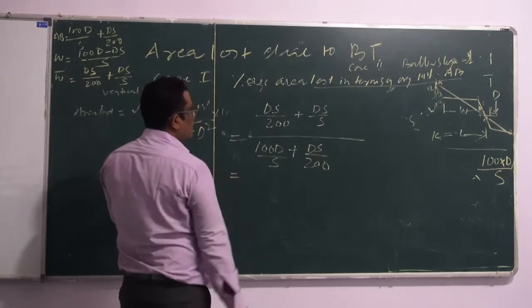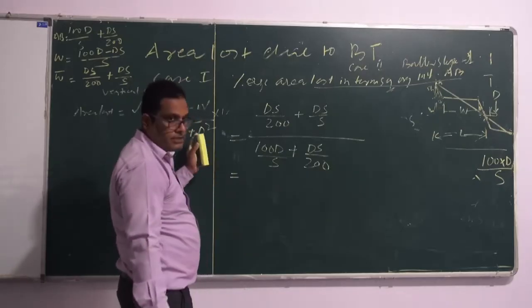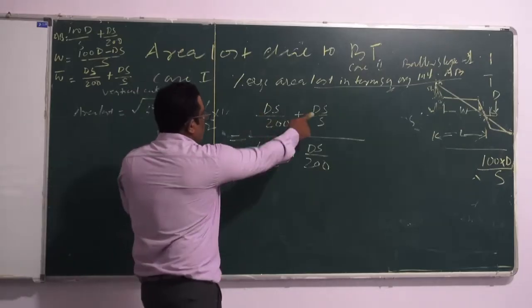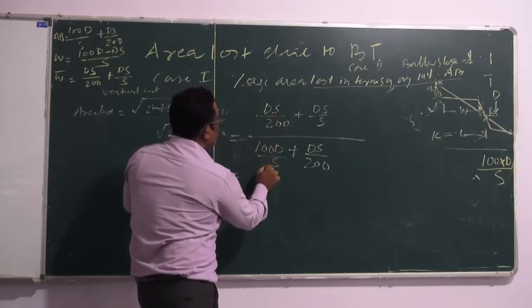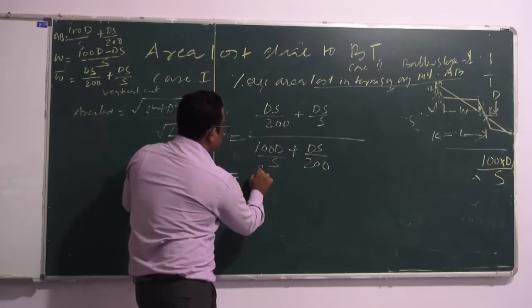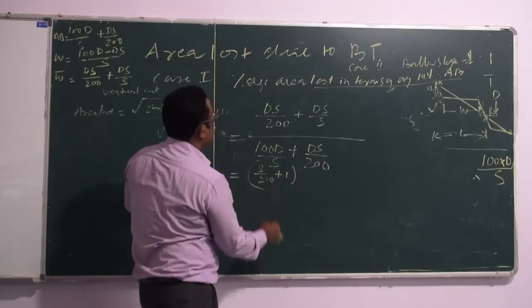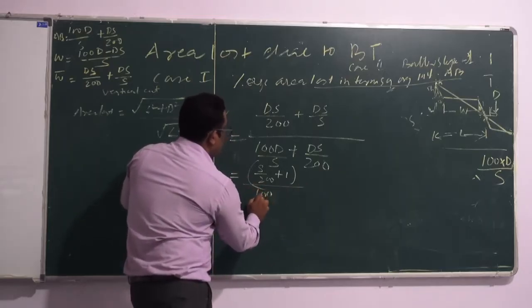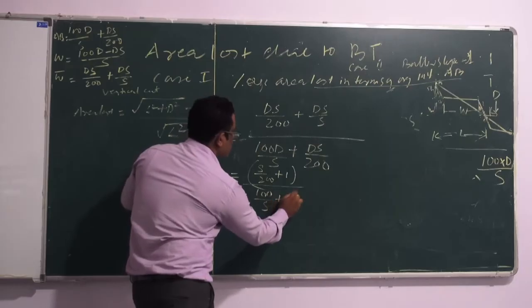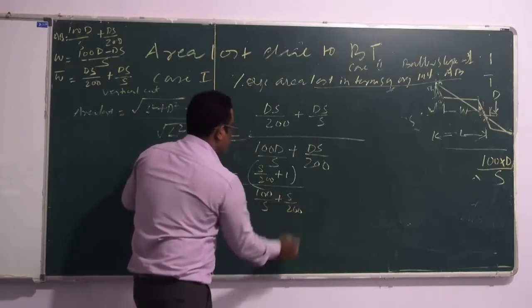Now, this is simple algebra, you can solve this. We can take a D out of all this. So if we take D here, it will be S by 200 plus 1 divided by 100 S plus S by 200.